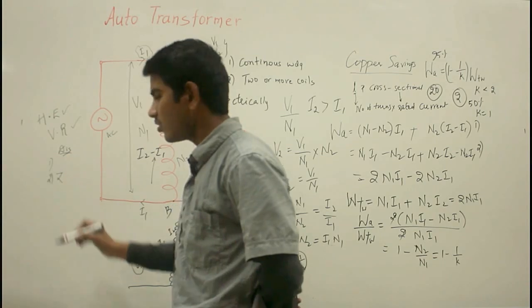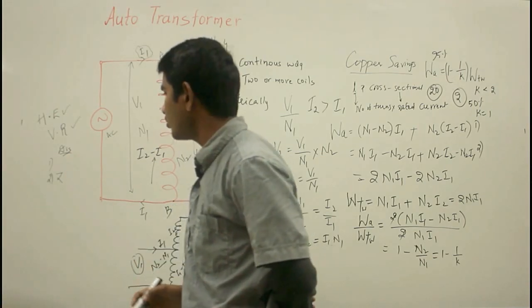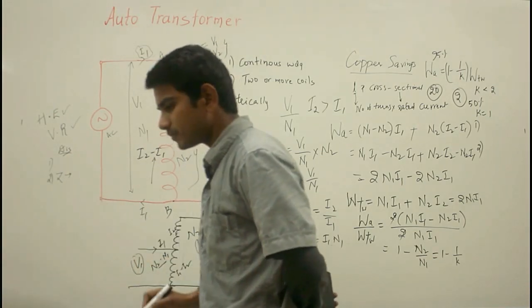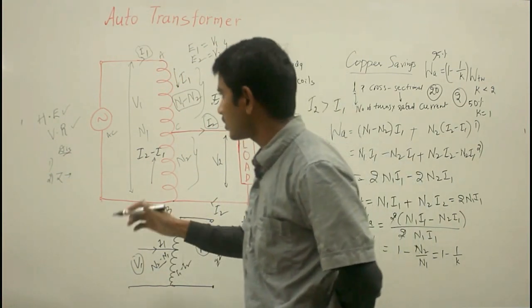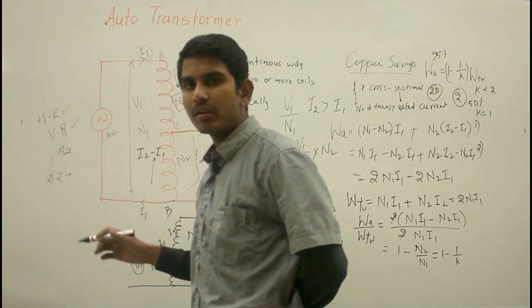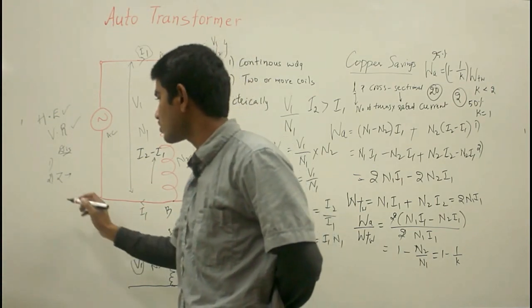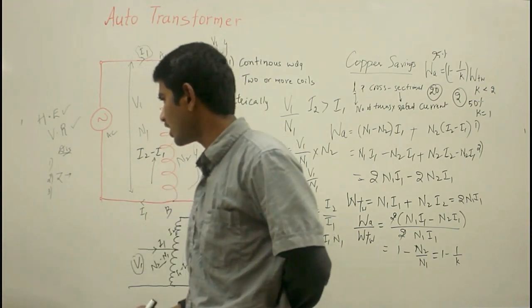As the flux is low, the impedance is also low. That means during fault conditions, a severe short circuit current flows in the auto transformer. It may burn your auto transformer also. So this is the second disadvantage.